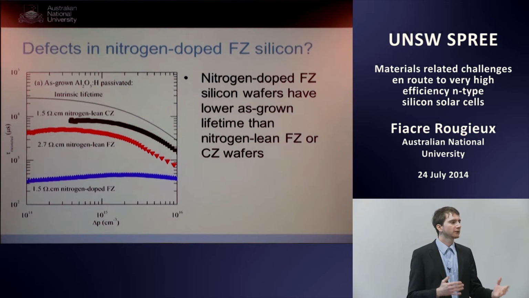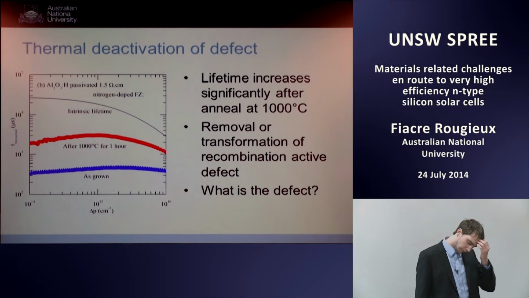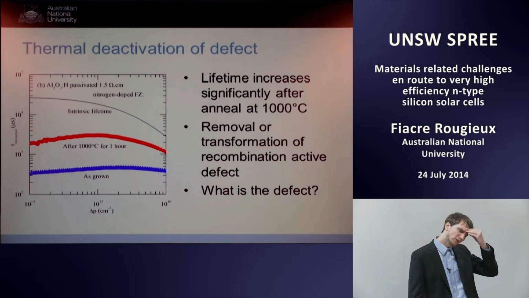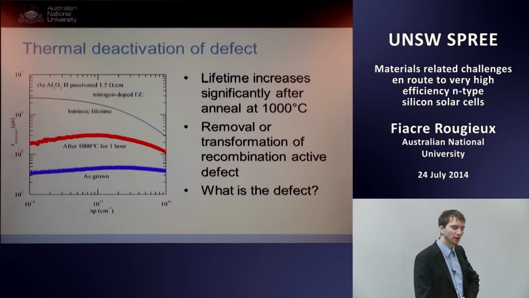So we started by simulating a high temperature thermal step that would be used for cell processes. And what we find, if we put those wafers at 1000 degrees for 1 hour, which is quite a high temperature, is that the lifetime improves. Again, lifetime versus injection level here. At 2015, the lifetime improves from 400 microseconds to above 2 milliseconds, which is quite interesting.